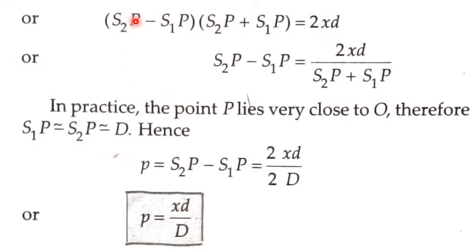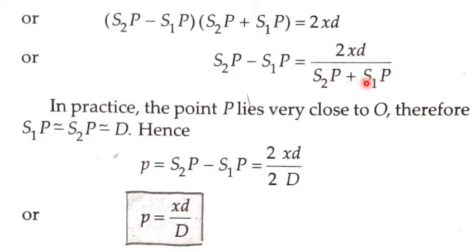So (S2P minus S1P)(S2P plus S1P) equals 2xd. Now if I take this term to the denominator, S2P minus S1P equals 2xd over (S2P plus S1P).